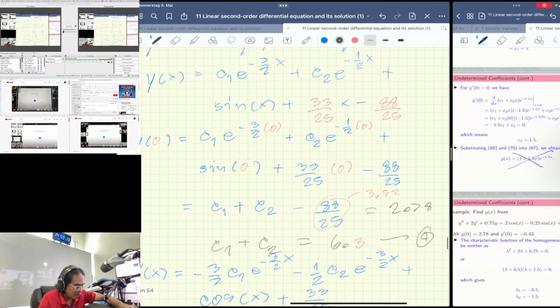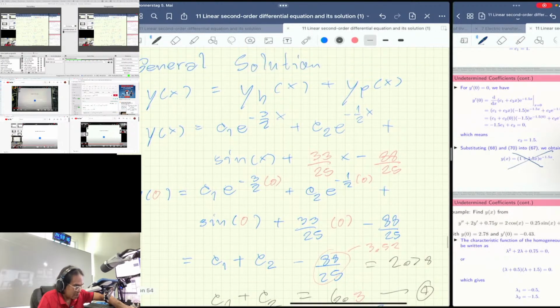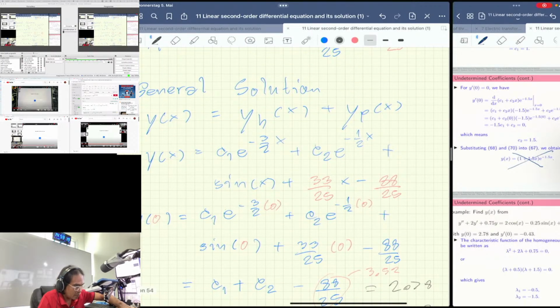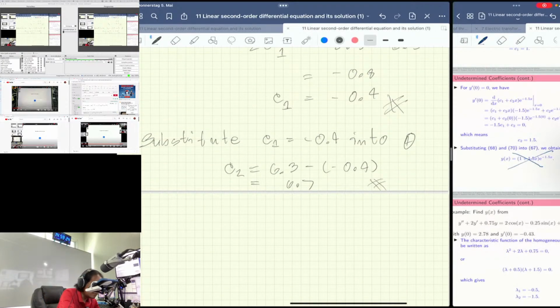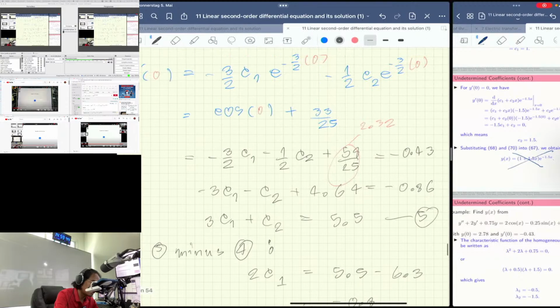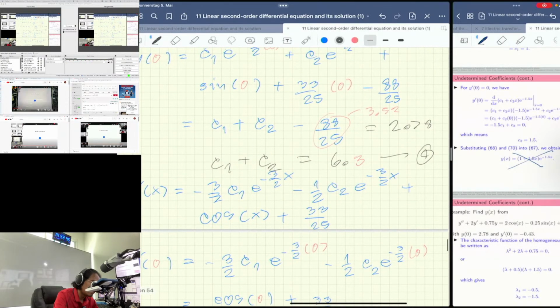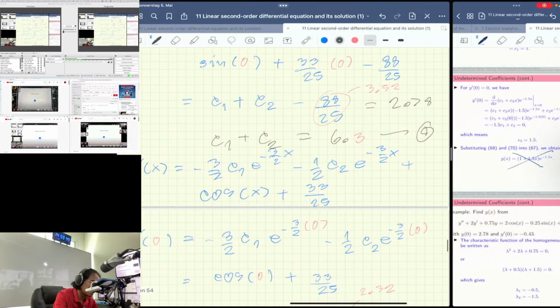Y prime now could be clearly written with C1 and C2, right? y(x) will be C1, right, which is negative 0.4 exponential negative 3 by 2 x, oh no, not minus, plus 6.7 exponential negative 1 by 2 x, and plus the second term are the particular solution, right?